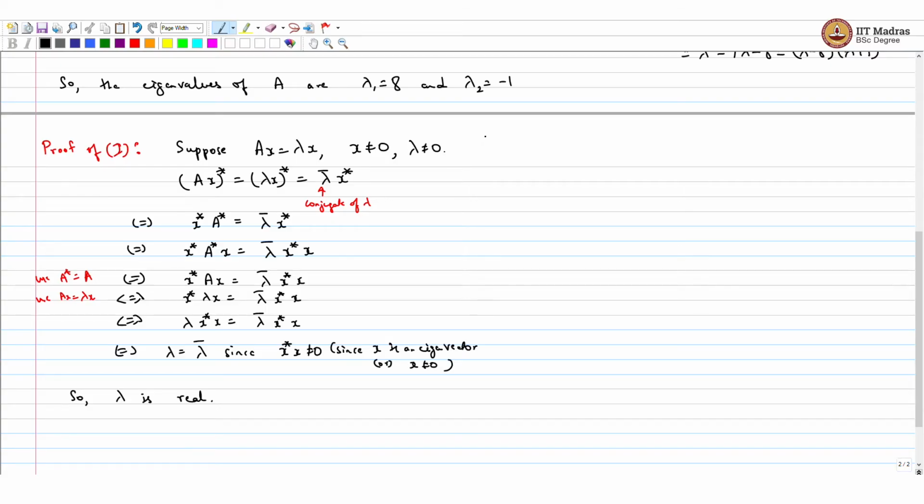Okay, I hope this is clear. Now we'll look at the second property.